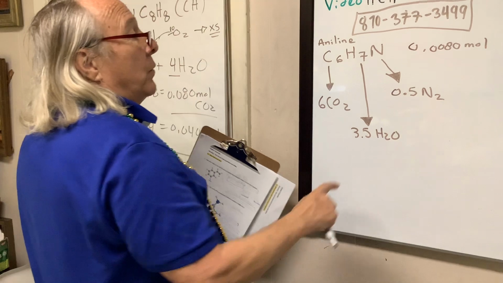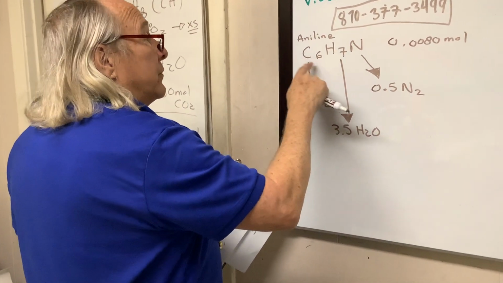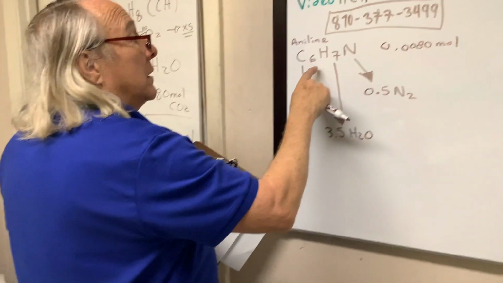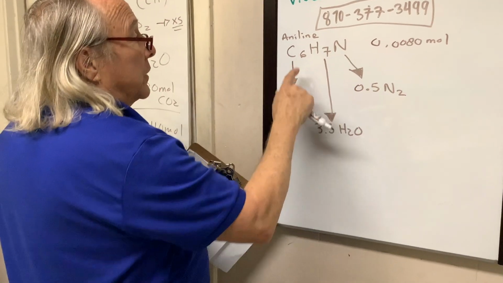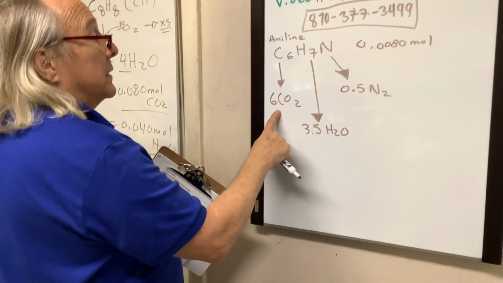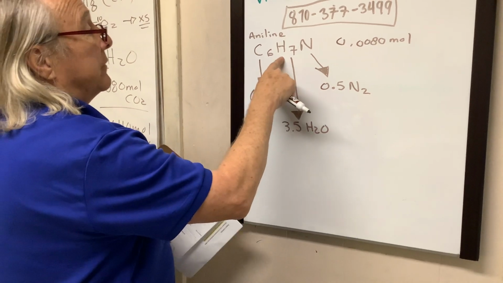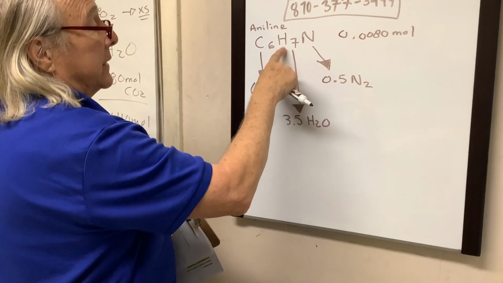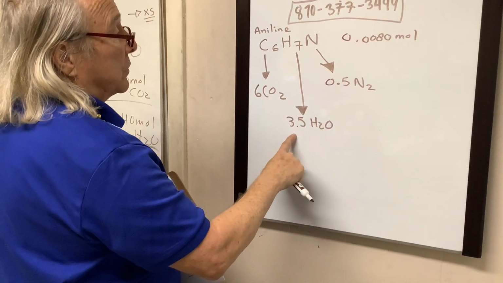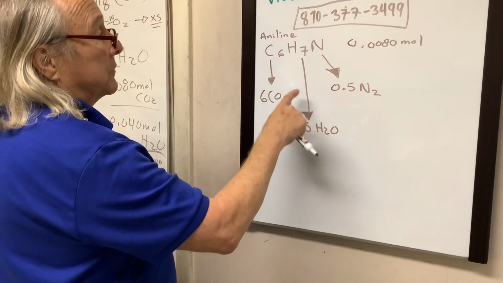But we were reacting this, and for every mole, we can go to molecules. Every molecule of aniline gives me 6 atoms of carbon. Those can go on to make 6 moles of carbon dioxide. Every mole of aniline will give me 7 moles of hydrogen, or 3.5 moles of water, because I need 2 hydrogens for every water.